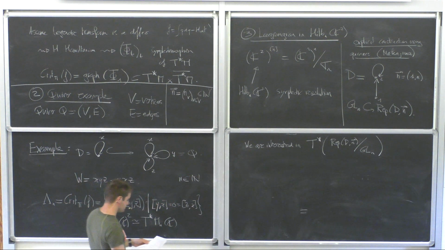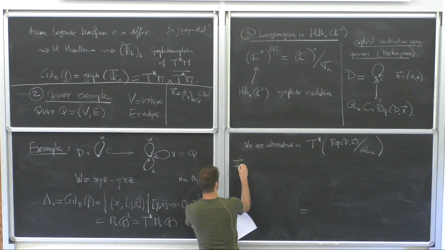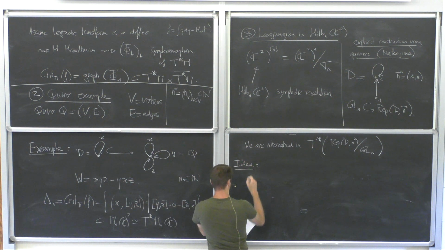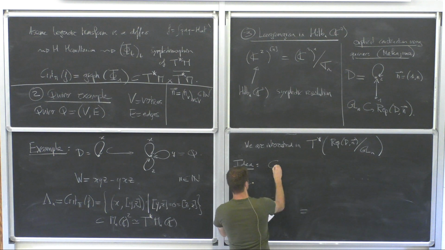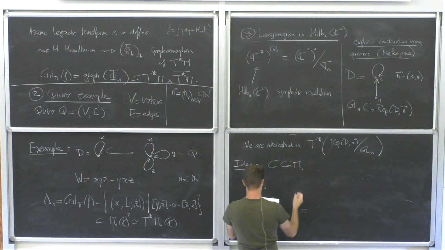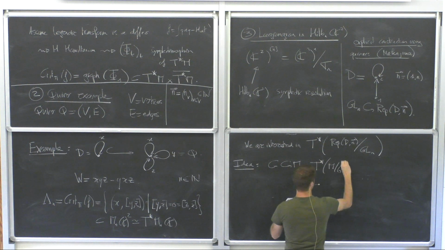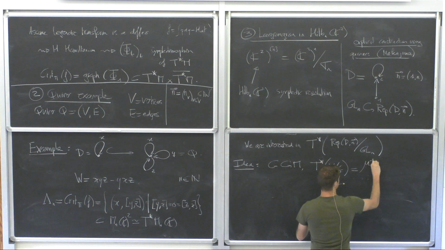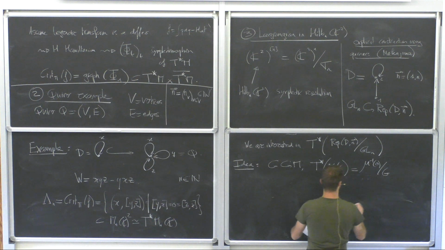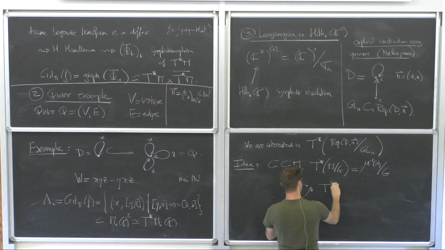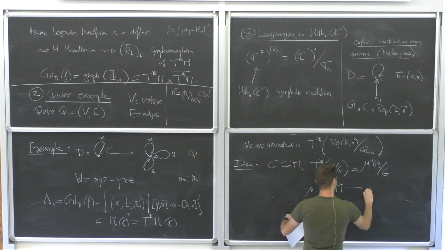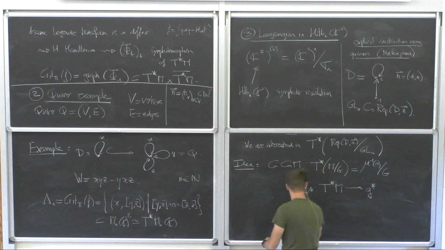All right, so the general idea is the following. You have a group G acting on M, and then you're saying that T star of M mod G is a symplectic reduction, where the moment map is defined the following way.